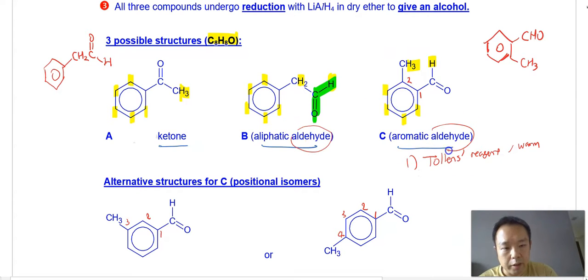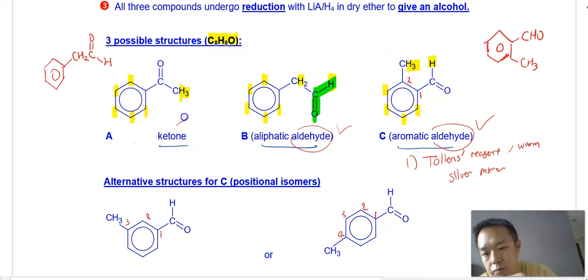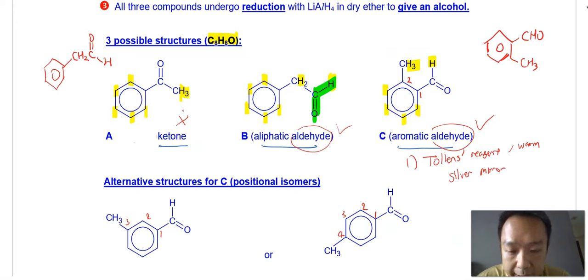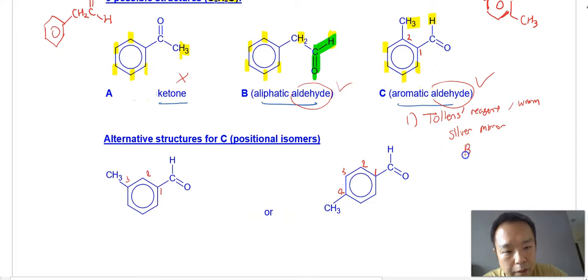Your aldehyde will give a positive Tollens' reagent test in which we have a silver mirror, and your ketone will not. Ketone will not give a silver mirror, so no silver mirror forms for ketone. So now that I've distinguished A from B and C, the ketone is identified. Silver mirror, we have your B and C.